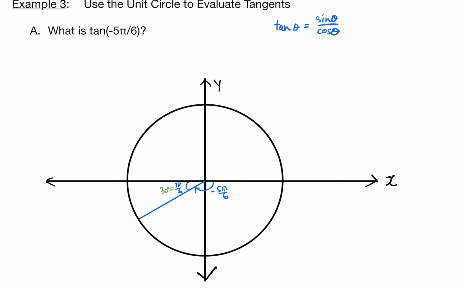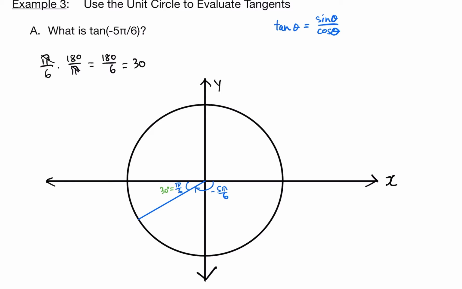Now if you don't know that conversion off the top of your head, remember to use the following conversion: if you have a radian, you're going to multiply it by 180 over pi, and when you do, this works out to 180 over 6 because the pi's cancel out, and 180 divided by 6 works out to be 30. Okay, so this is how we got 30 degrees.